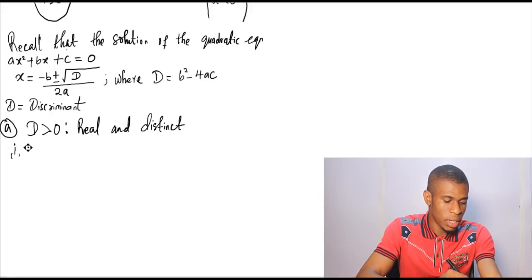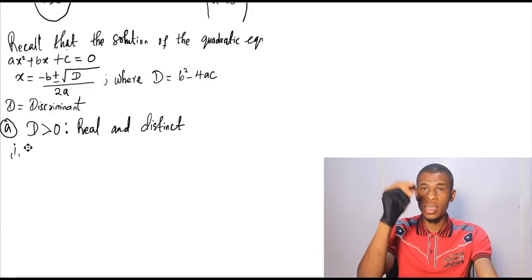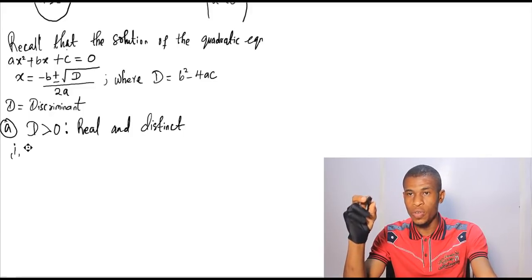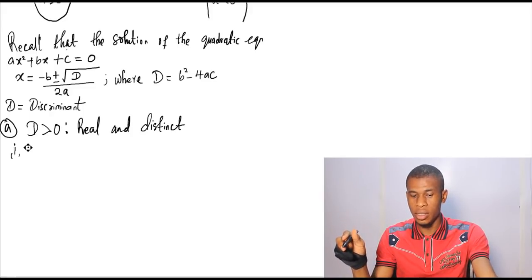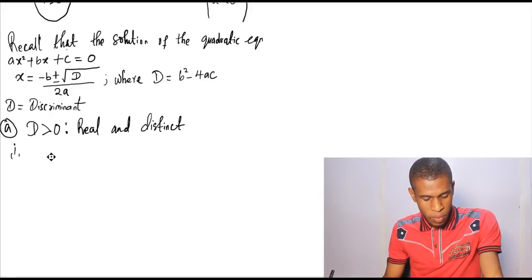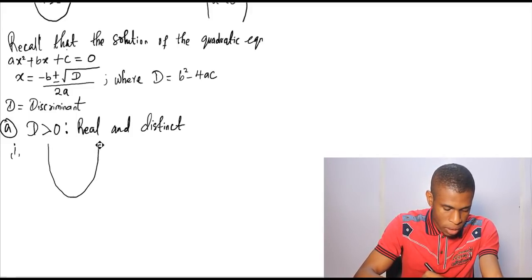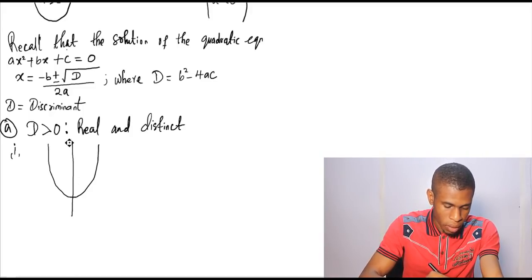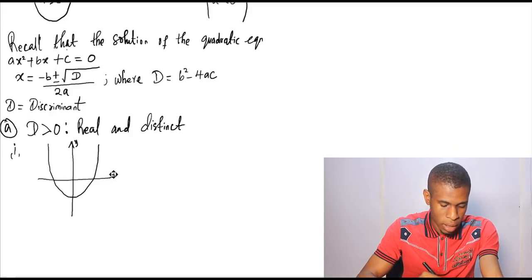Now, what happened to the graph? Remember I said the graph can either curve in U form like this, or in N form like this. That's the parabola. In this case, I have it curved like this. I have my y-axis here and my x-axis here.